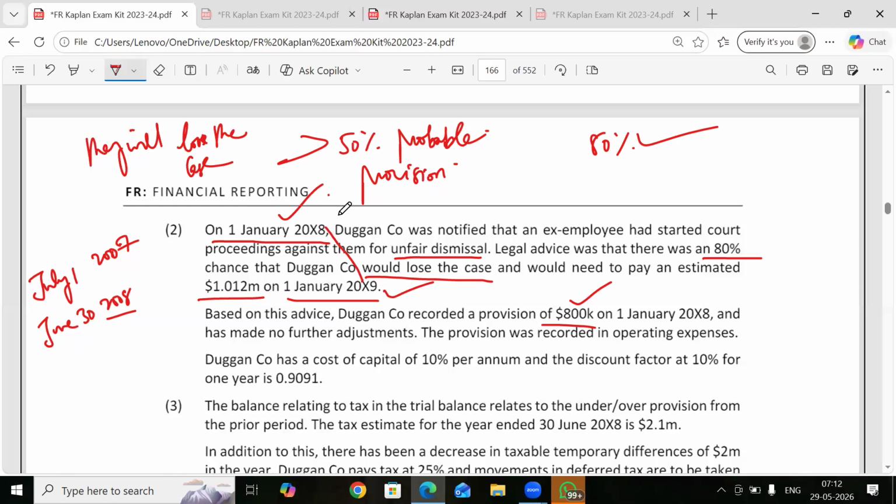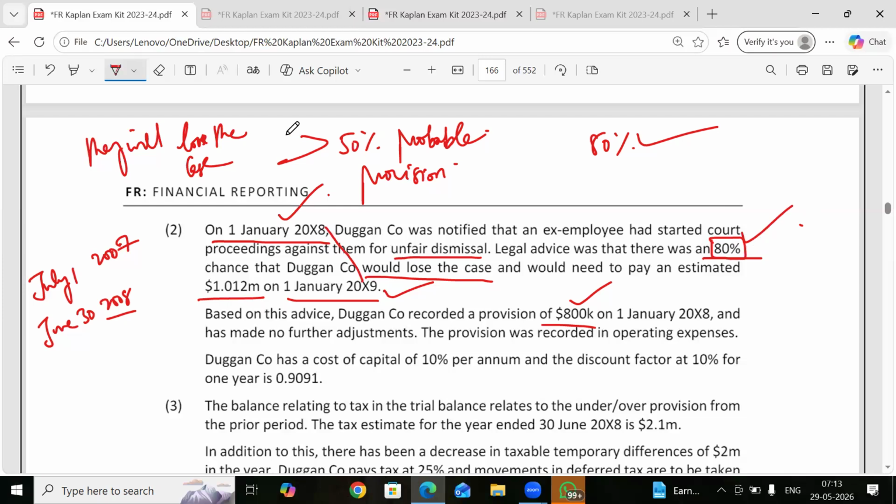So everything is clear. Duggan company's employee has filed a case against them for unfair dismissal, and the legal advice was that there was an 80% chance they will lose the case.